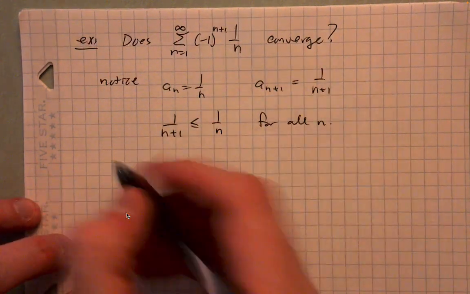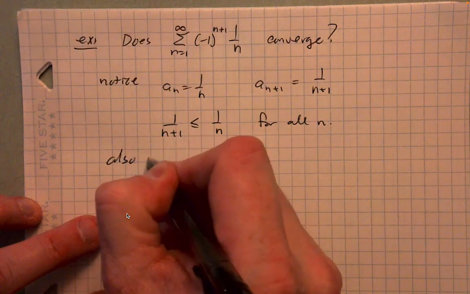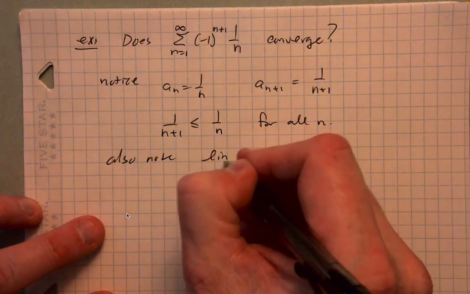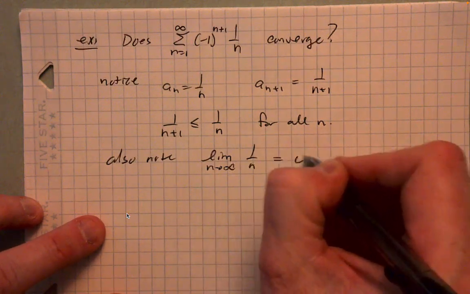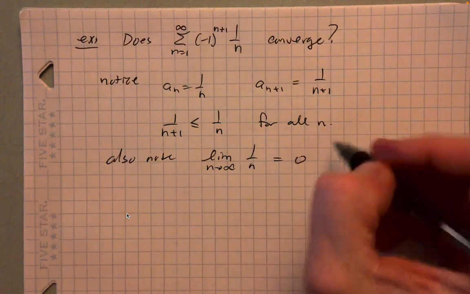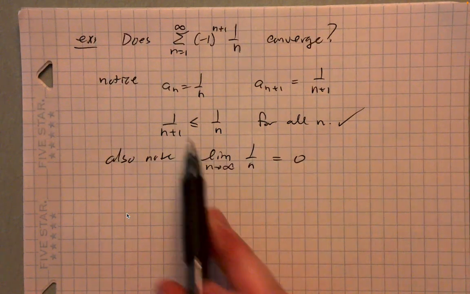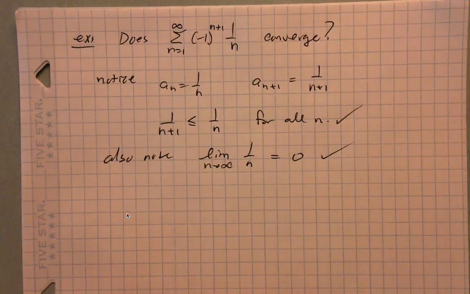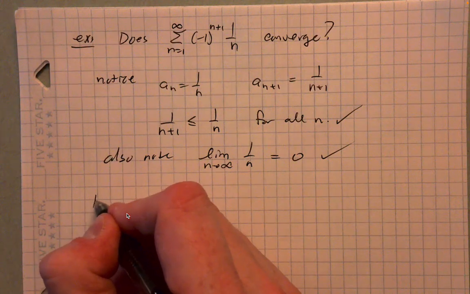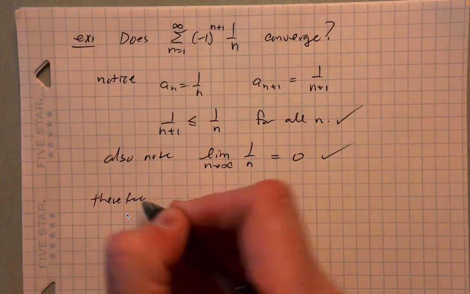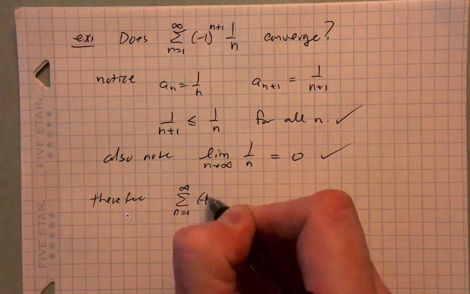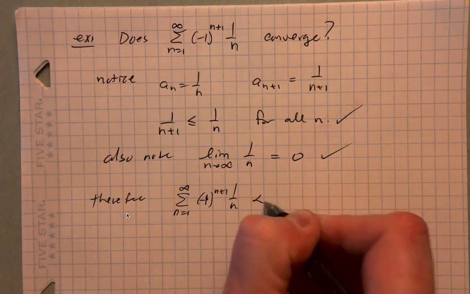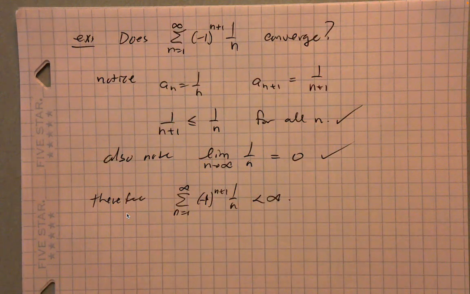Also note that the limit as n goes to infinity of 1 over n is equal to 0. So you've got the two conditions met: the fact that it's decreasing, and the nth term going to 0. Therefore, the series must also converge. It's going to head to some limit, some finite value.